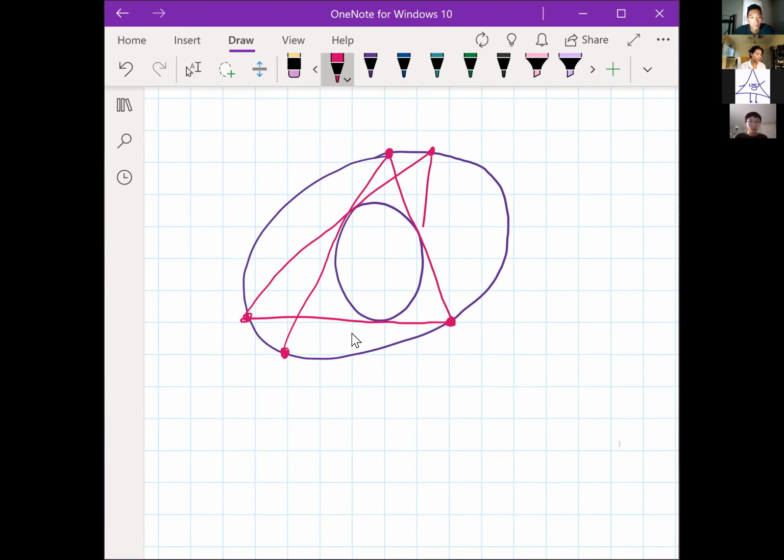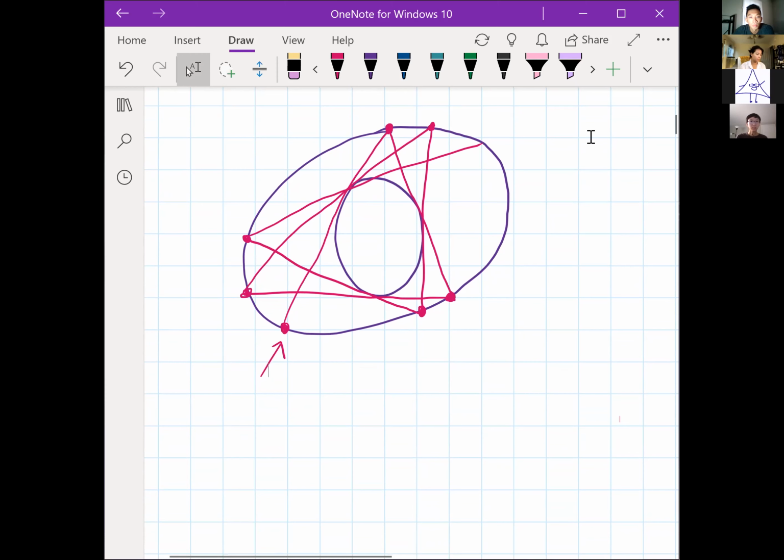But anyway, we can keep going around and keep hitting points. We might find ourselves in the situation where we return to this original point that we started with, but also we might not. Poncelet's Porism is talking about this sort of situation.